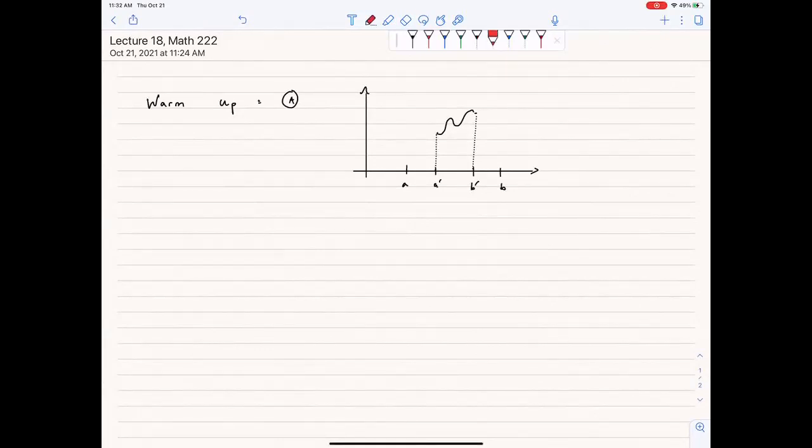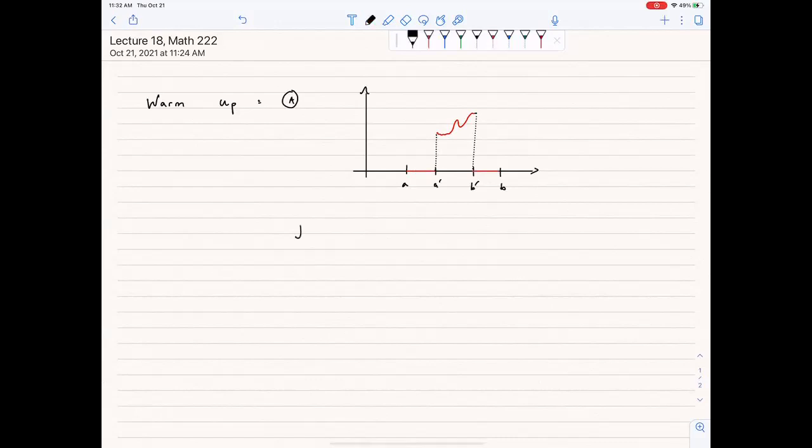I'll make the graph red. I'll set it to 0 off of this subinterval, and take it to be some continuous function on this subinterval a prime to b prime.